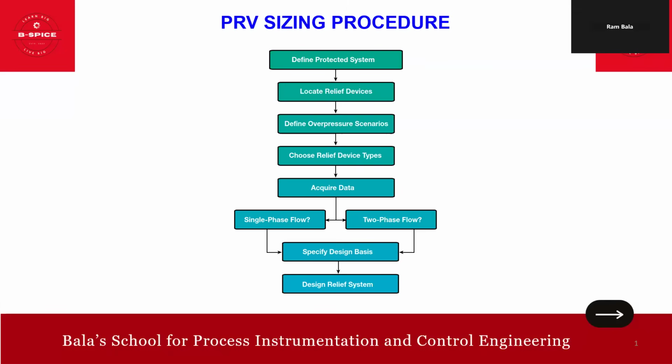What are all those data needed? Then we'll come out with the design basis, and finally we proceed with the design session. So again, this is more of a procedure.